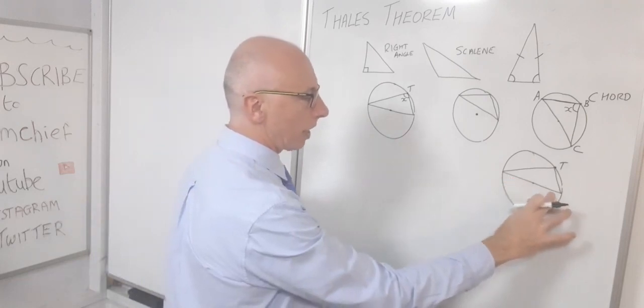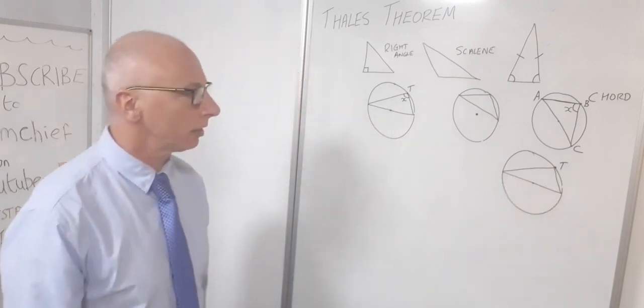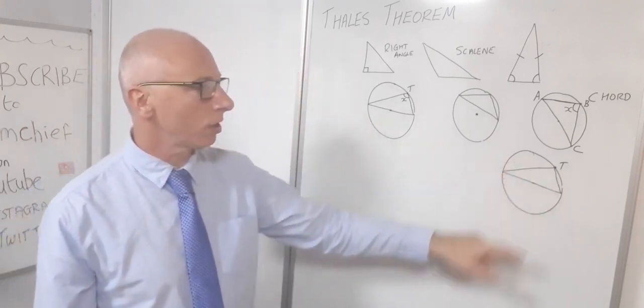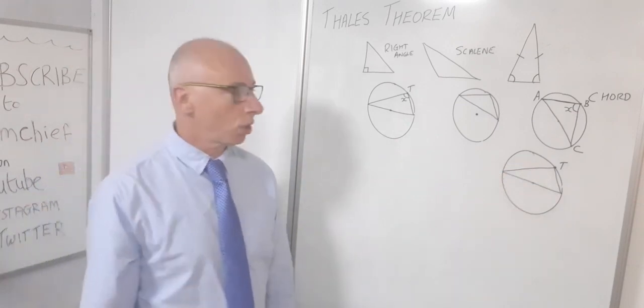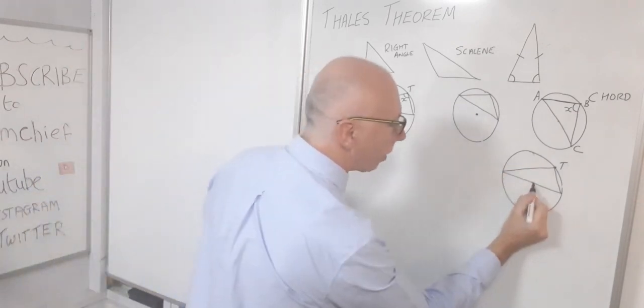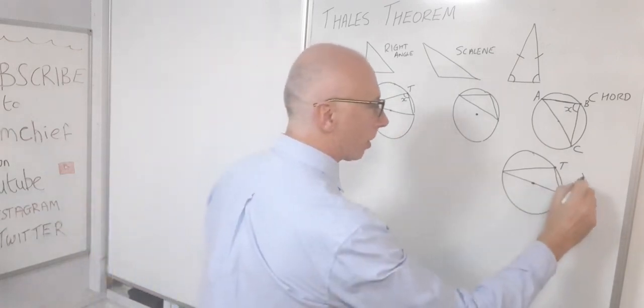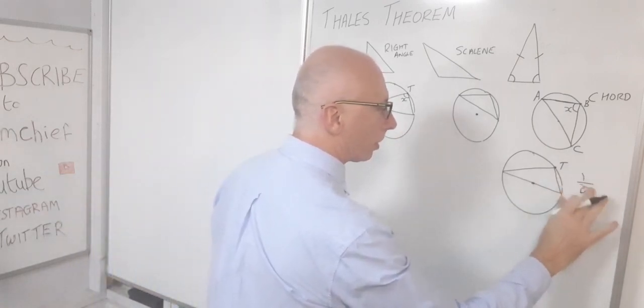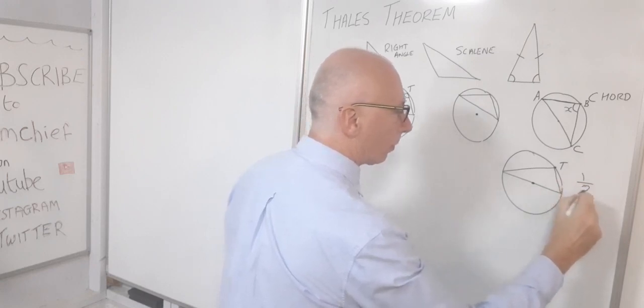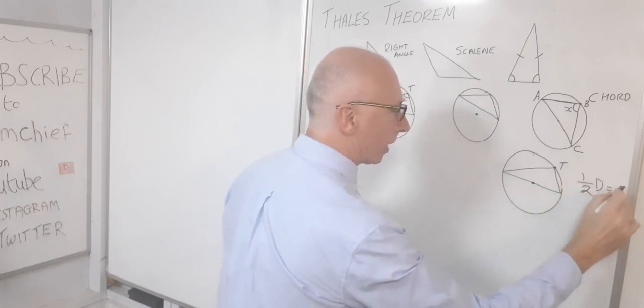So this one here is a diameter, these two are chords. But one thing we could do is, we know that half of the diameter equals the radius.